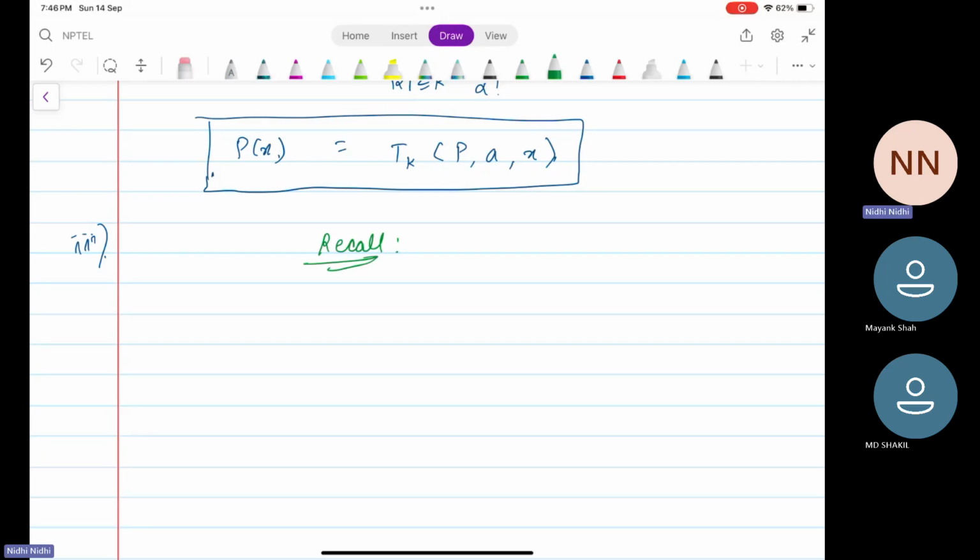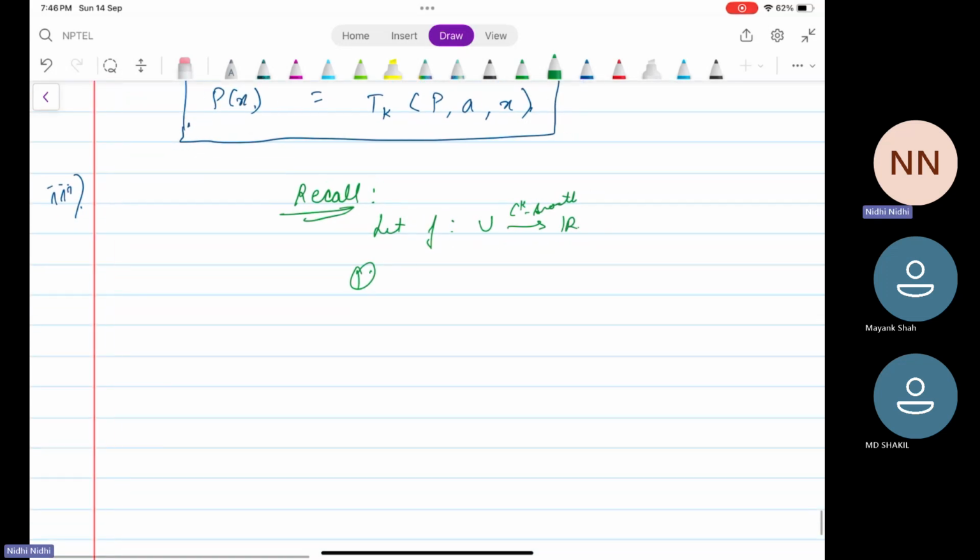Taylor's theorem without remainder. Let f be a function from U to R which is C^k smooth. Then, firstly, the Taylor polynomial T_k f at a approximates f up to order k. That means the limit as h tends to 0 of f(a plus h) minus T_k f at a of h, upon norm h to the power k, goes to 0.